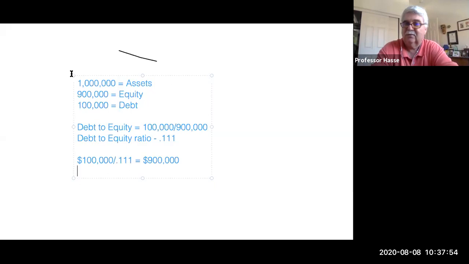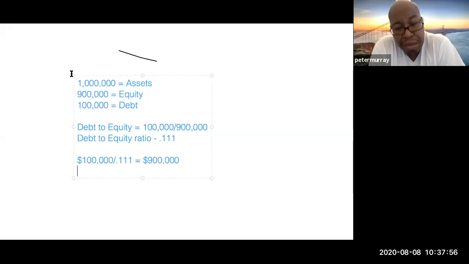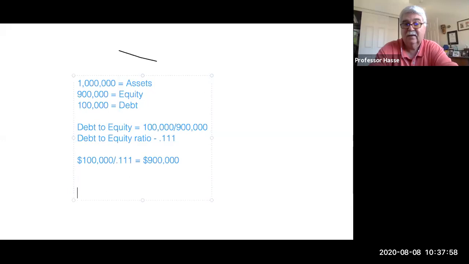So that's what I'm looking for you to do. In the case I gave Peter, if I have $10 of debt and my debt to equity relationship is 0.5, that means debt is 50% of something. $10 divided by 50% is $20.